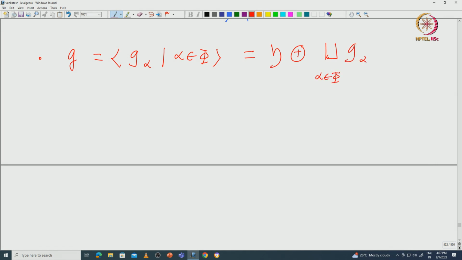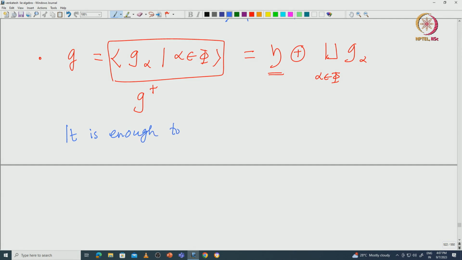So, if we call the generated subalgebra G plus, we need to prove that H lies inside G plus. So, it is enough to prove that H is inside G plus.